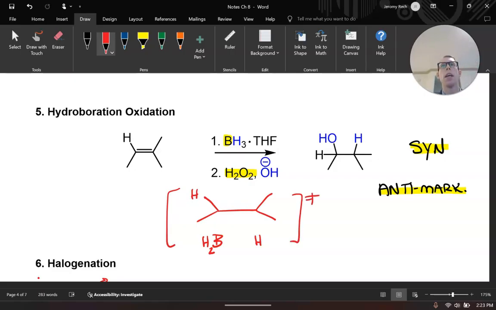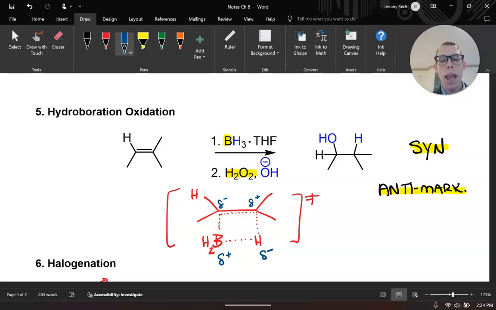And for our transition state, we are going to have an interaction between these in this square-like structure where we are going to have a delta positive on our boron, delta negative on this hydrogen, delta negative at this location, and delta positive at this location. In short, this is going to have our boron dock up to our double bond and connect on that entire face, which is why it's going to be a syn addition.